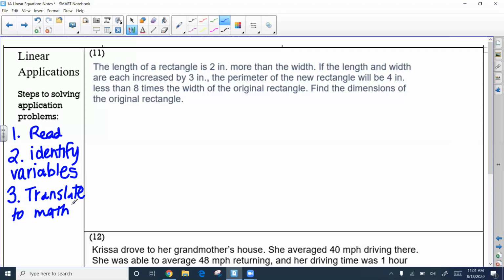So instead of word sentences, we want to have math sentences or math equations. So step 3, translate to math. Then step 4, we should be able to solve. So we should be able to write our equation. So step 3, translate to math. That's actually writing the equation. And then step 4 is to solve.